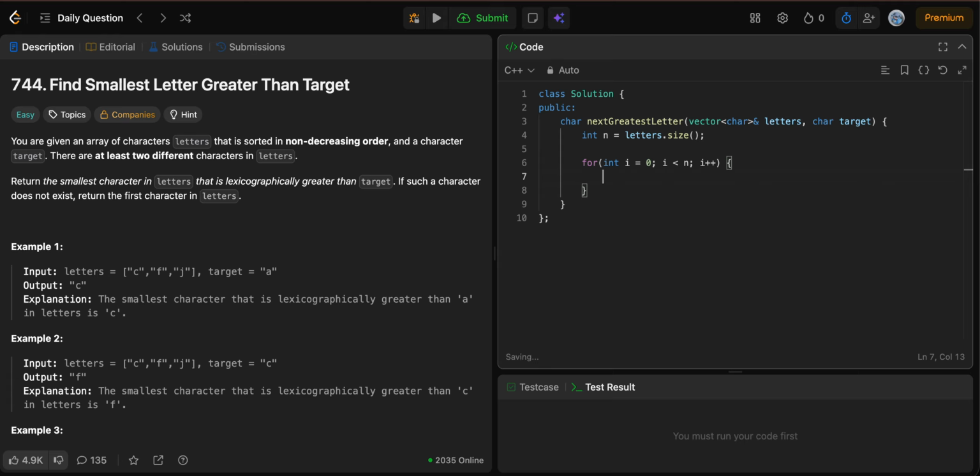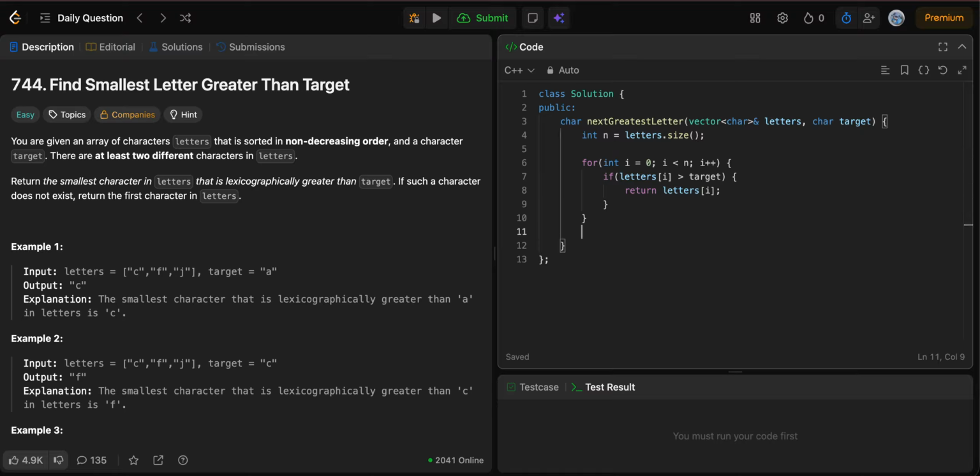And after that, if letters of i is greater than the target, then we return letters of i, right?